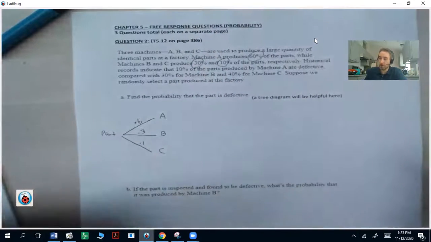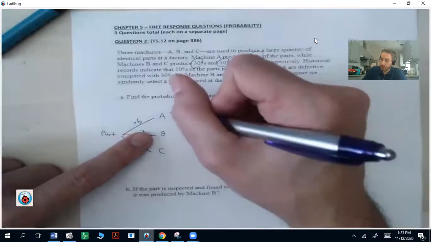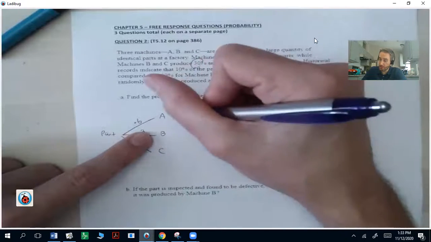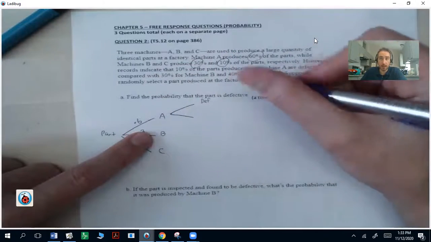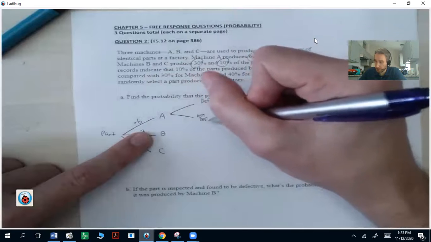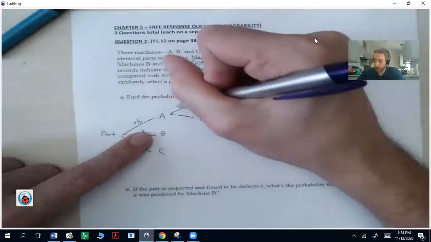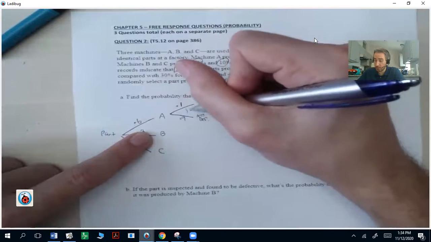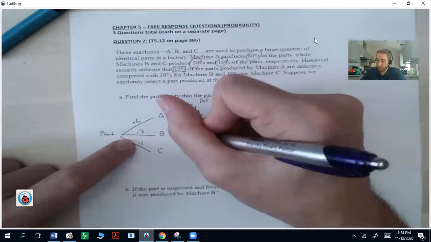Then historical records indicate that 10% of the parts produced by machine A are defective. So you have defective, and that means the other one would be works, or not defective. So 10% of the parts produced by machine A are defective, so 0.1, which means this would be 0.9, because these two have to add to 1. And we do the same thing here.